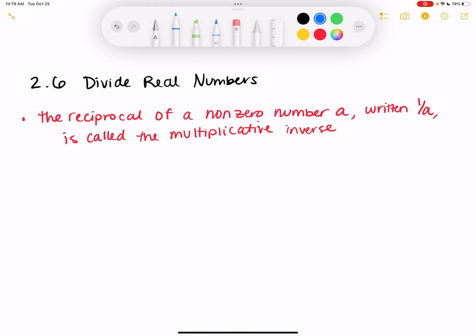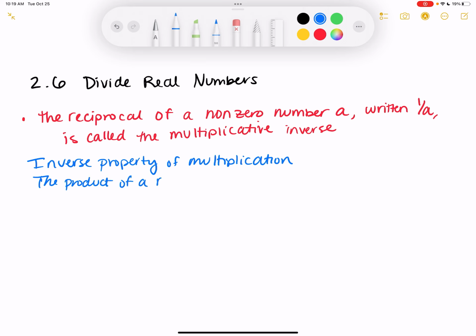So we have an inverse property of multiplication. And that just says that the product of a non-zero number and its multiplicative inverse is 1.